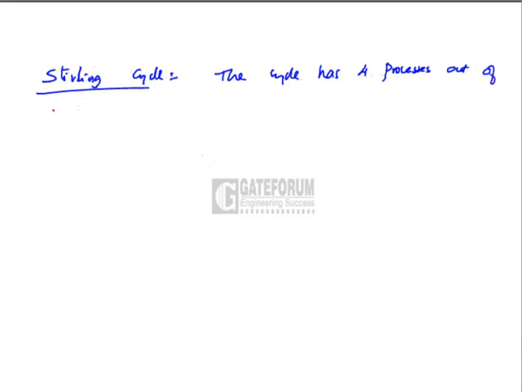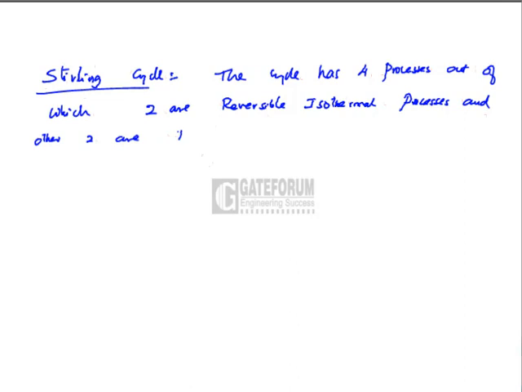Stirling cycle. The cycle has 4 processes, out of which 2 are reversible isothermal processes and the other 2 are isochoric, that is reversible isochoric processes.